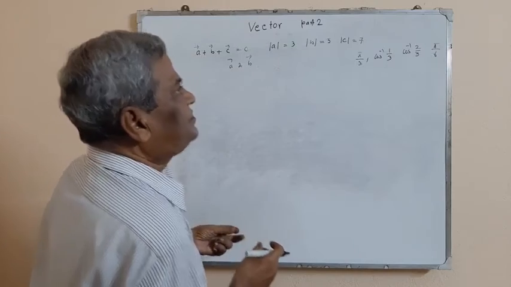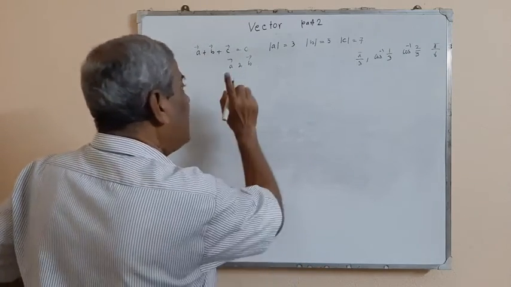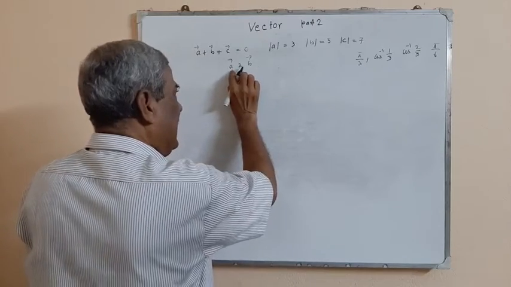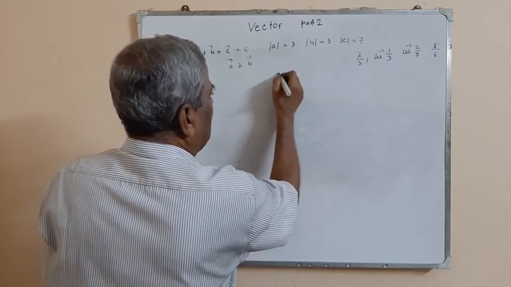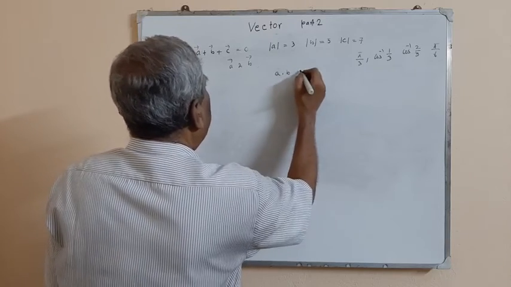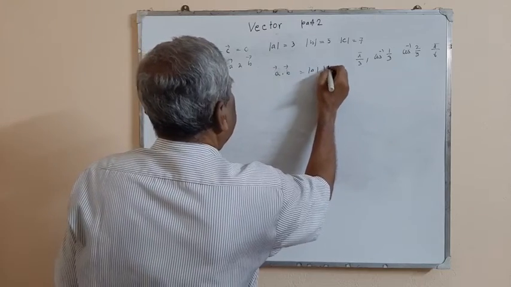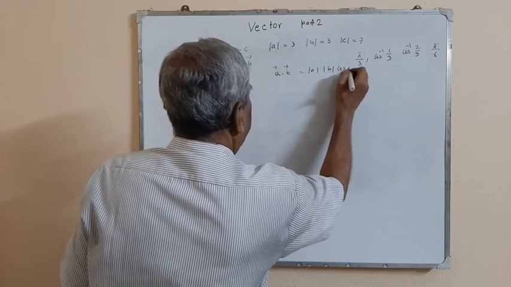So from the given information, we have to find the angle between A and B. If I can somehow find A dot B, A dot B is equal to magnitude A, magnitude B, and cos theta.